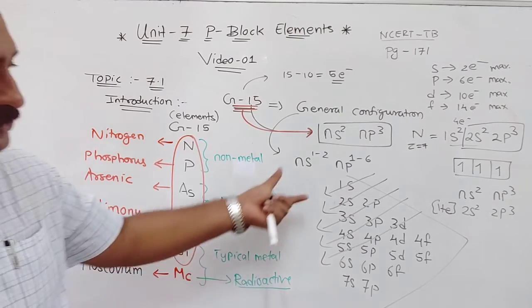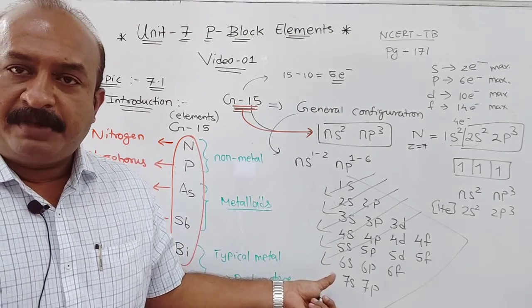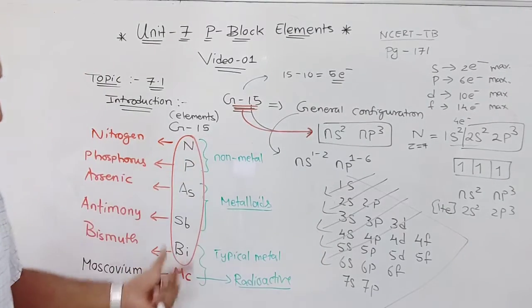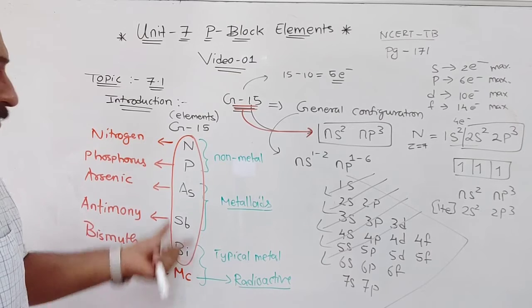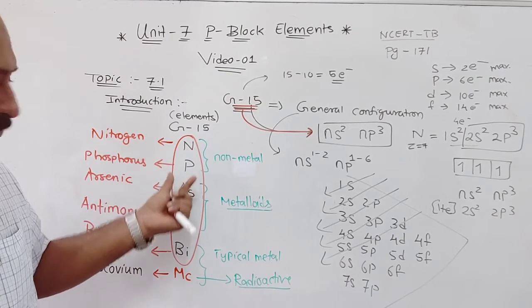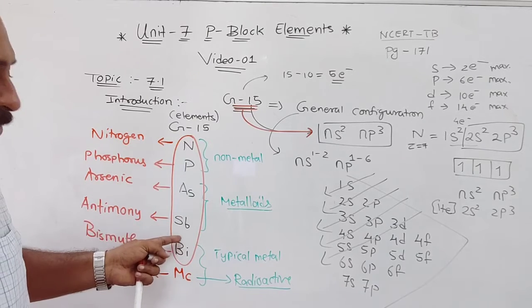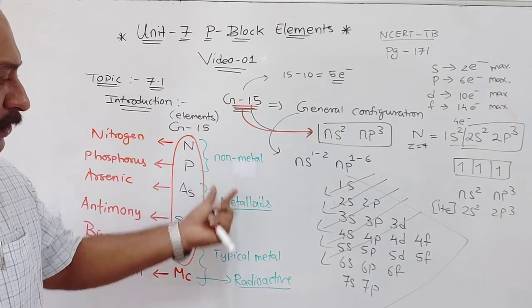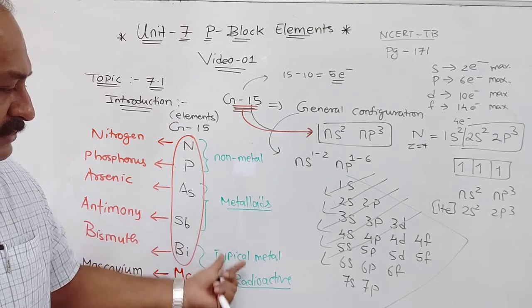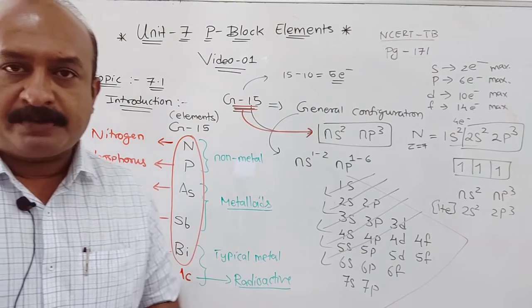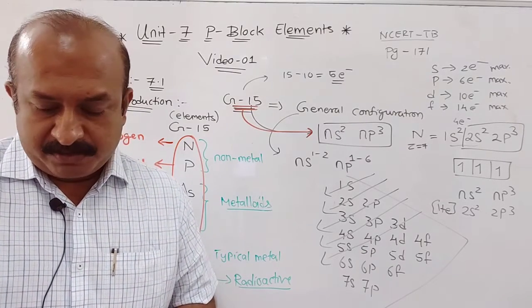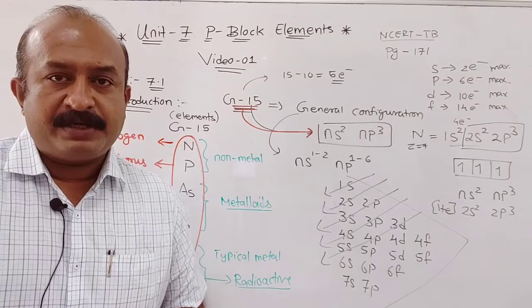You can use the Aufbau principle for filling the orbitals. In total, 6 elements are there in group 15: nitrogen, phosphorus, arsenic, antimony, bismuth and moscovium. But moscovium is radioactive, so we will be studying only the first 5, in which the first 2 are non-metals, the next 2 are metalloids, and bismuth is a typical metal. So this is all about the introductory part and electronic configuration.